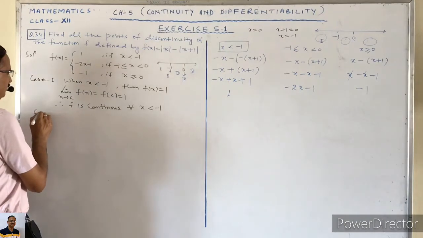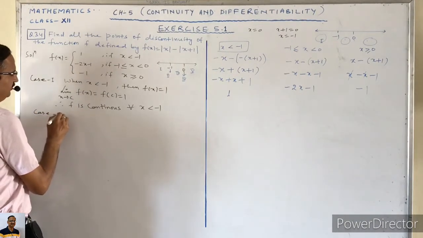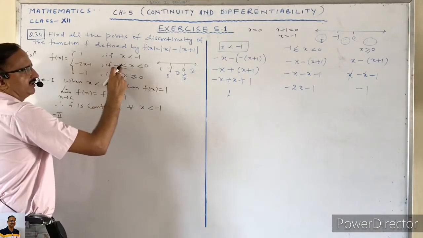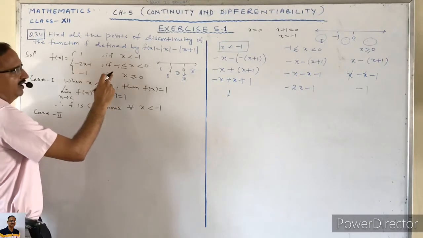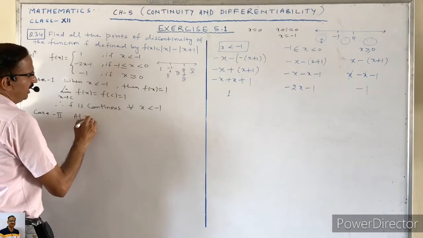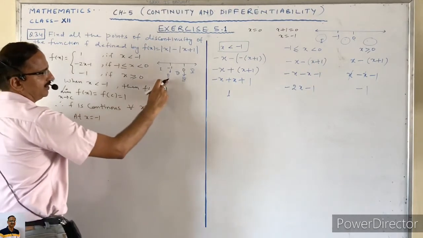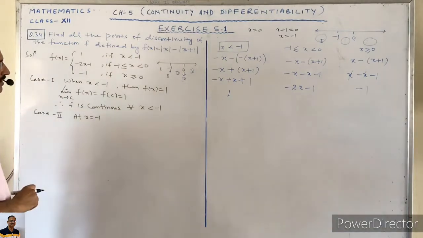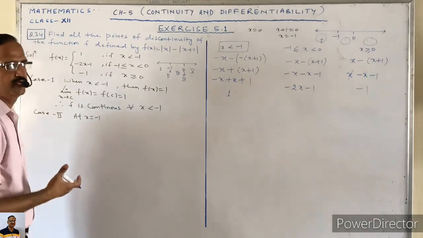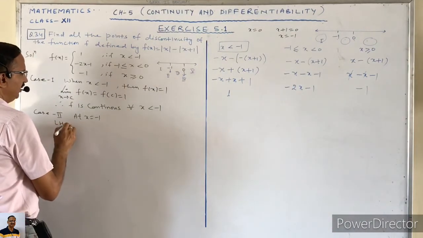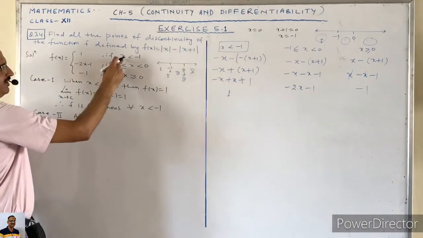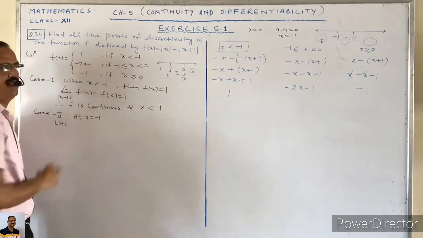Now come to case second. It means when x is equal to -1. So at x equals -1, this is the second case. So for this we will consider the left hand limit and the right hand limit. So left hand limit, it means when x is less than -1. So when x is less than -1, this is the function.